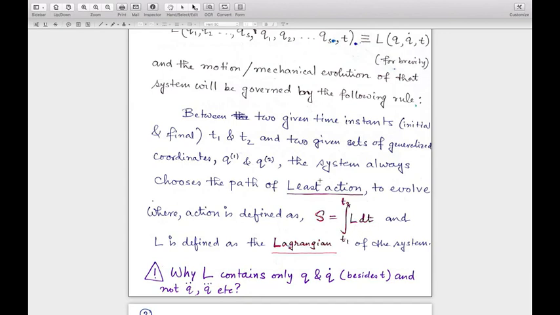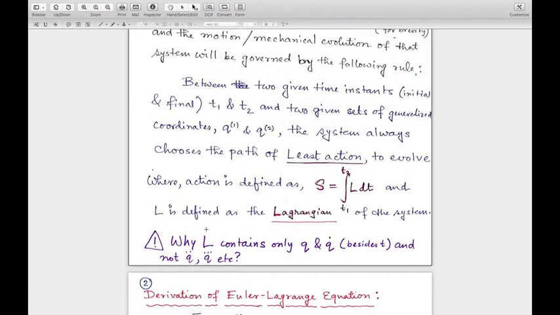Action is mathematically nothing but the integral of L dt. Now you can easily make the correspondence between S and J of our discussion of last week: L as f, t as x, and q as y, q dot as y dot. Correct? Now L is defined as the Lagrangian of the system.